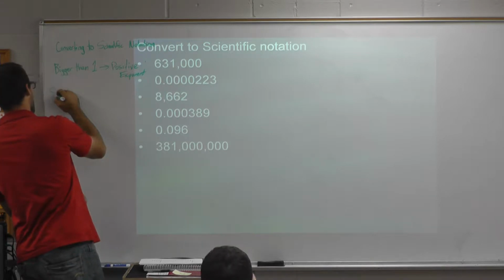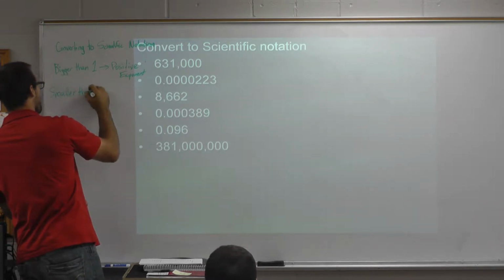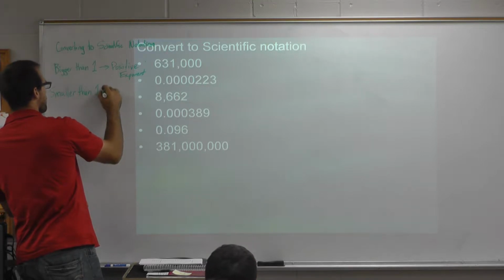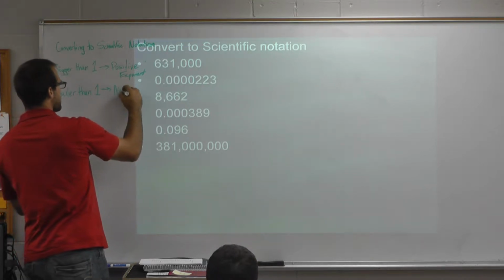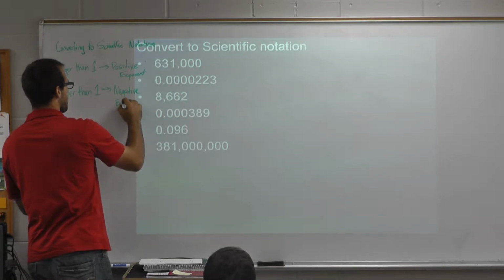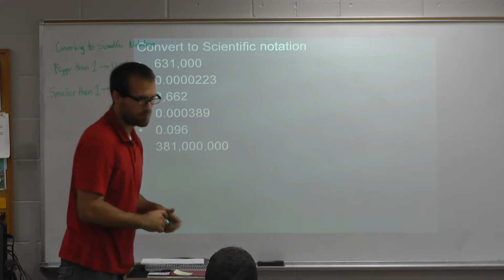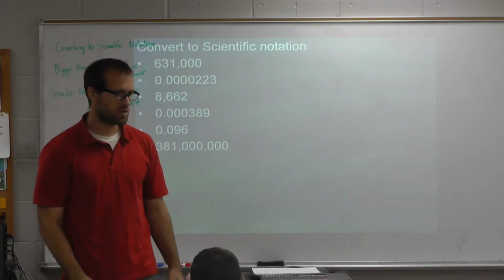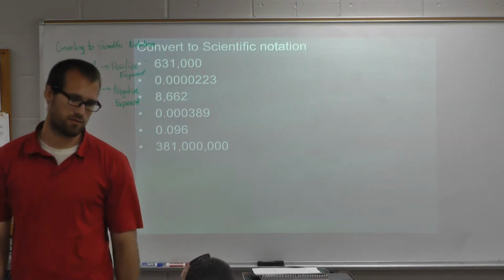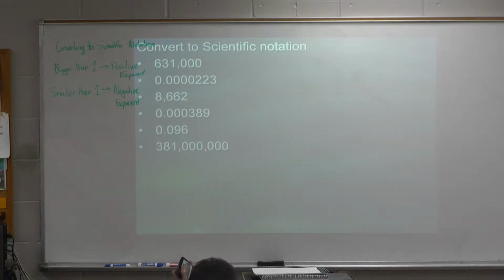If the number is smaller than 1, it's a negative exponent. Write that in somewhere. You might be able to do this without needing my help, but just in case.